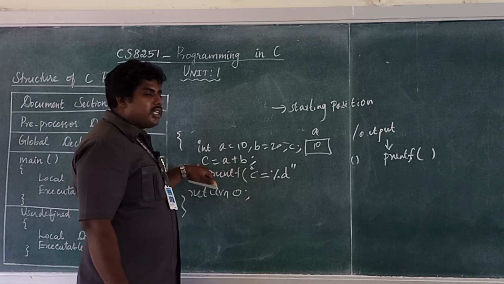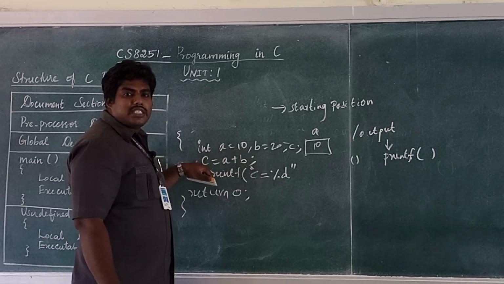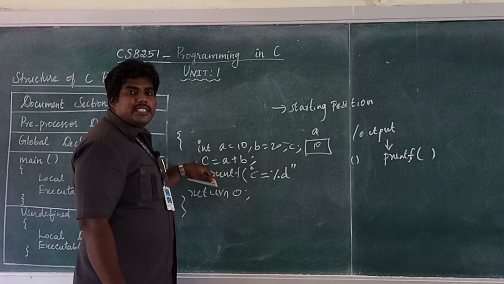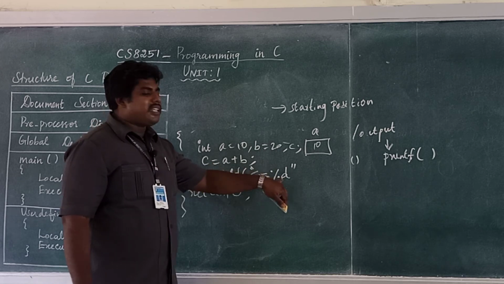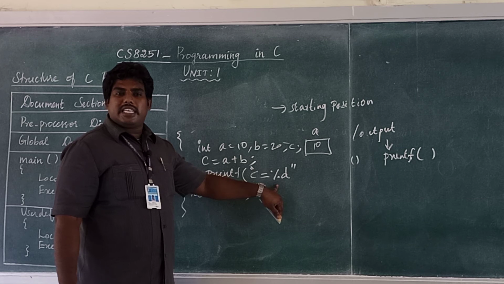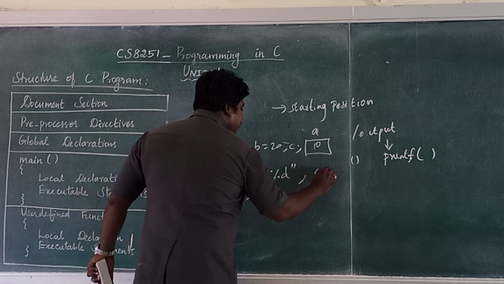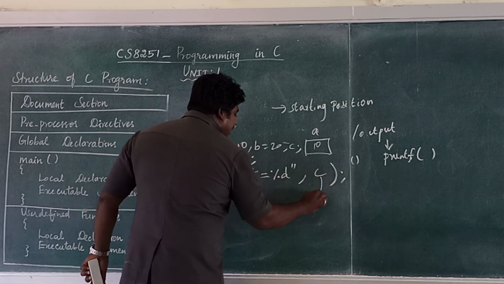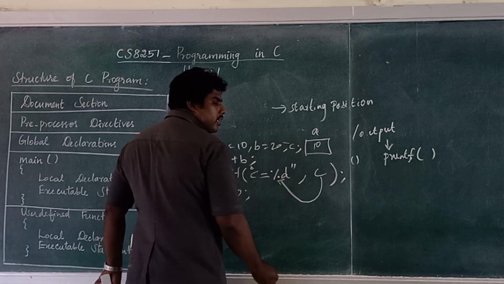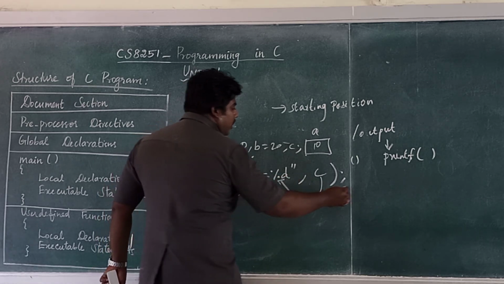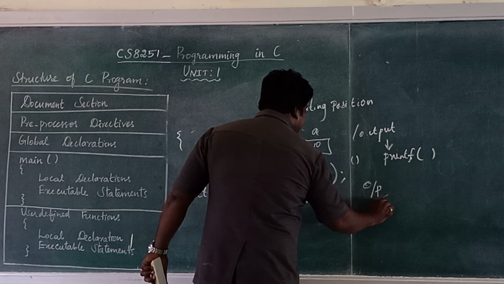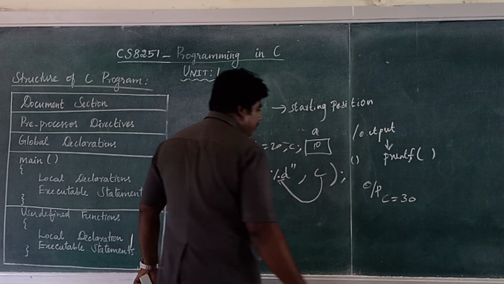What's the C value here? 10 plus 20, 30. 30 is an integer number. That's the reason you put %d here, comma C. So the C answer will be stored here. C is 30, so in your output you will get C equal to 30.